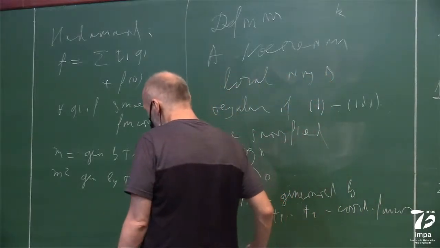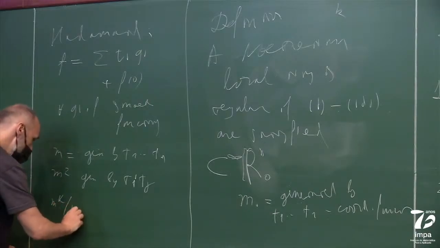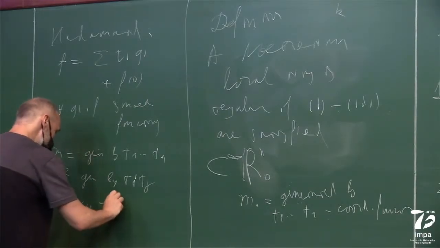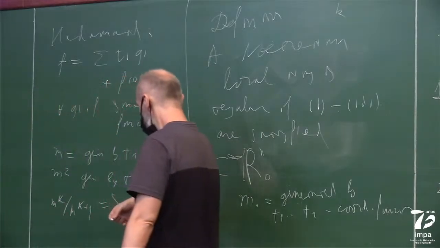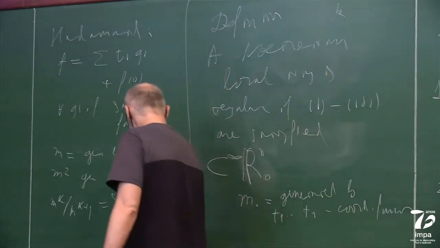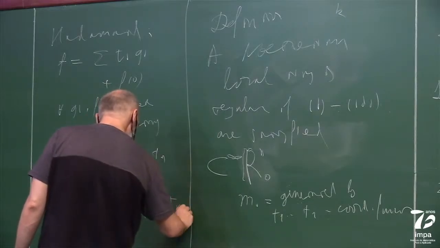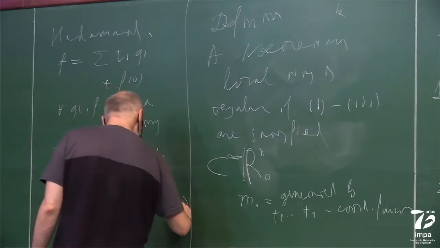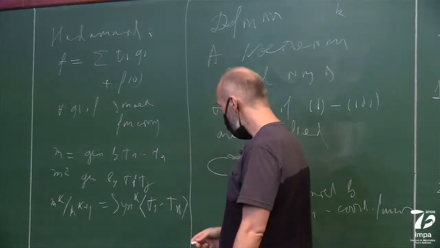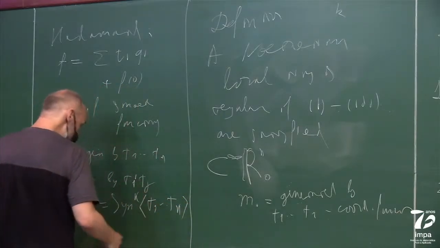And this means that each subsequent quotient M^k over M^(k+1) is homogeneous polynomials of degree k in the coordinates.